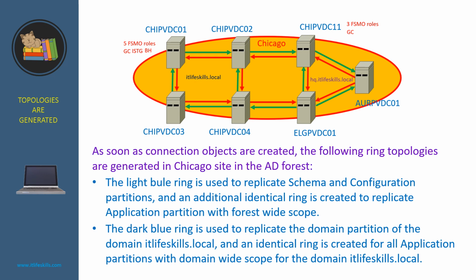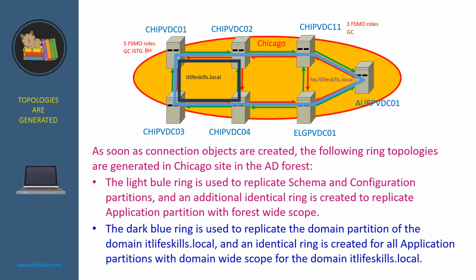As soon as connection objects are created, the following ring topologies are generated in Chicago site in the AD forest. The light blue ring is used to replicate schema and configuration partition, and an additional identical ring is created to replicate application partitions with forest-wide scope.